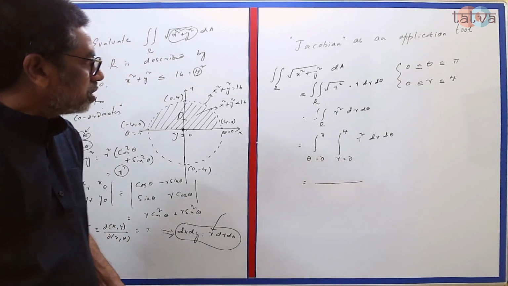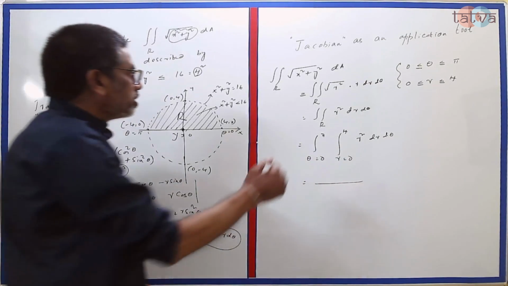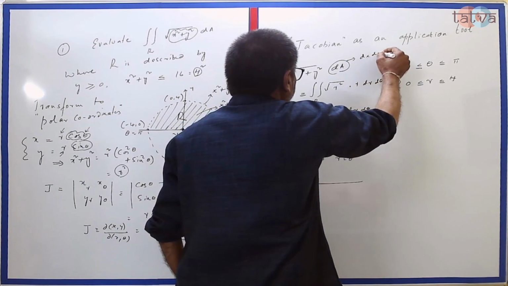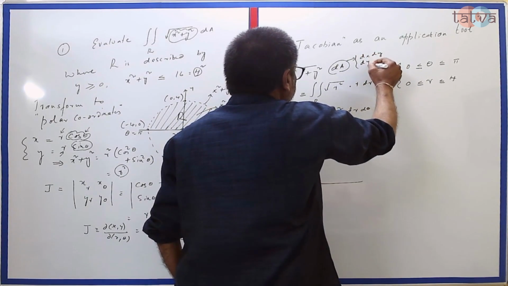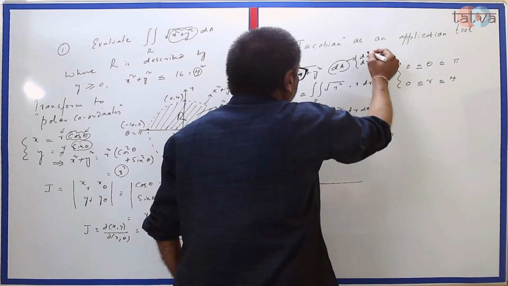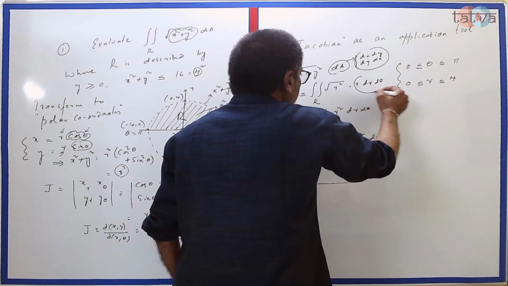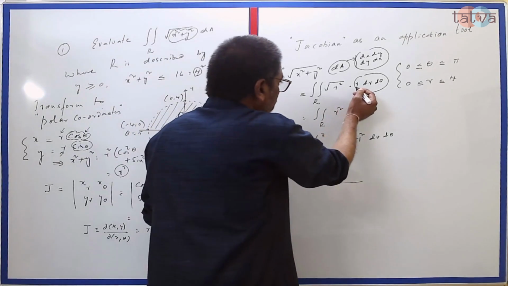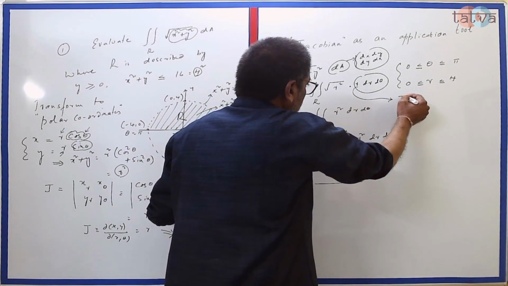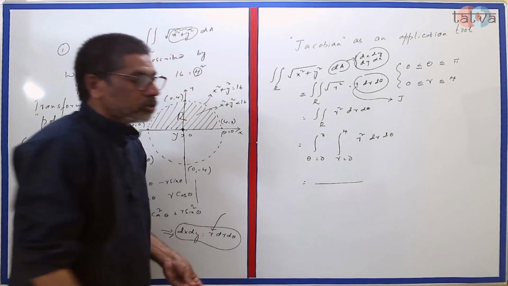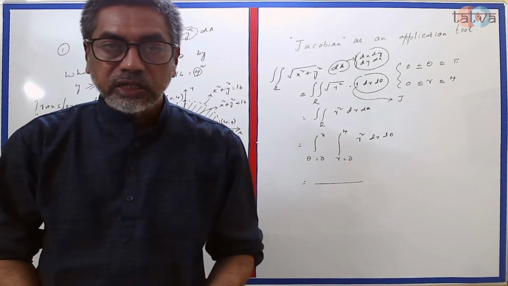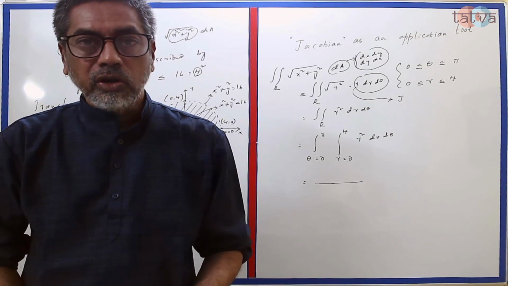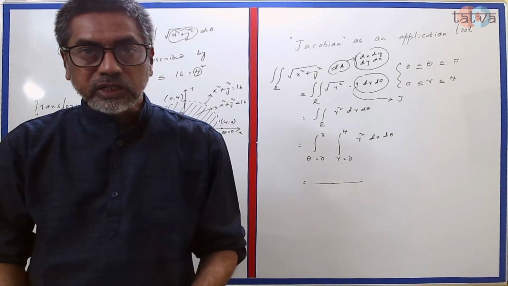So please remember that the area element dA in Cartesian, which is dx dy or dy dx, becomes r dr d theta in the so-called polar coordinate system, where this r is the Jacobian. So that is the role the Jacobian plays in double integration every time you change the variables. So let me present a second example.